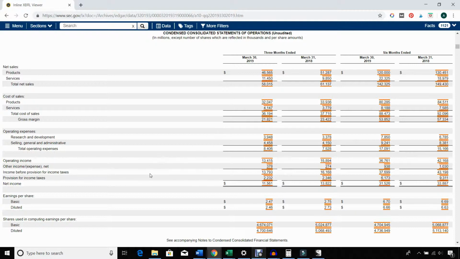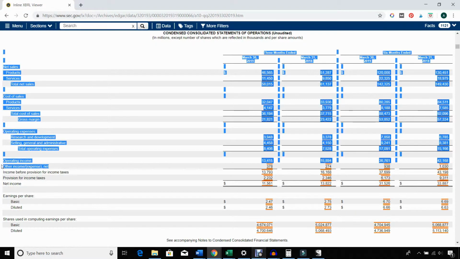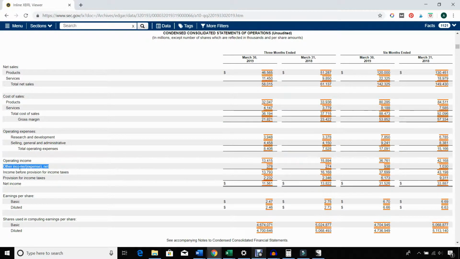Below the operating line item, you'll also have what are called non-operating income and expenses. These are income or expenses that are not directly related to the business. Apple right here groups together other income and expenses as one line item. Sometimes companies separate them out.